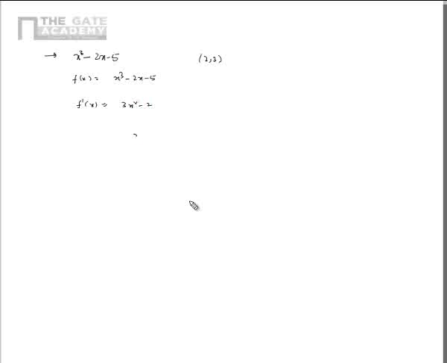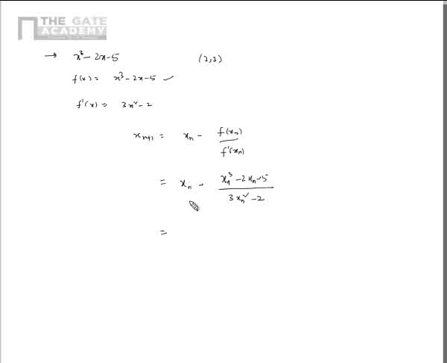Now, substituting in the general formula, we get x(n+1) as xn minus f of xn divided by f dash xn. Here f of xn is obtained by substituting xn in place of x in this expression, and f dash xn is 3 xn square minus 2.